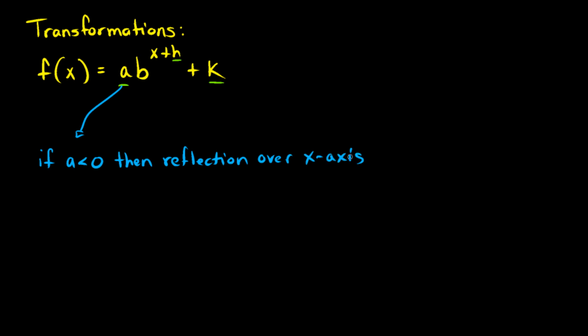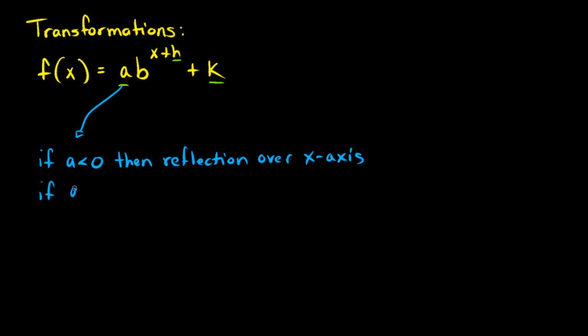It's going to be flipped right over the x-axis. Now, that could mean that a could be -2, it could be -1/2, it could be -3, it could be -1. If the value in front of the base is negative, it's a reflection over the x-axis. That's one thing that the a value will tell you.